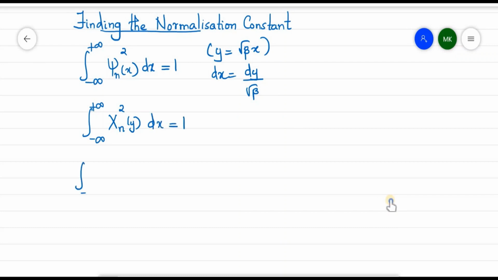That is, the integral from minus infinity to plus infinity of N, the normalization constant, into Hn of y e raised to minus y square by 2, the whole square. Xi is the wave function, so xi n of y square means N Hn e raised to minus y square by 2, the whole square, into dx, and instead of dx we write dy by root beta. So this is equal to 1.